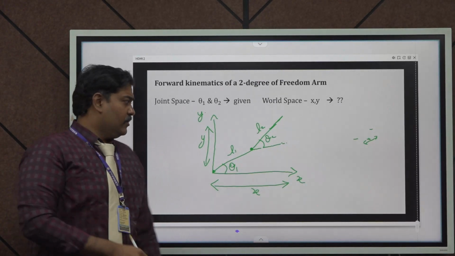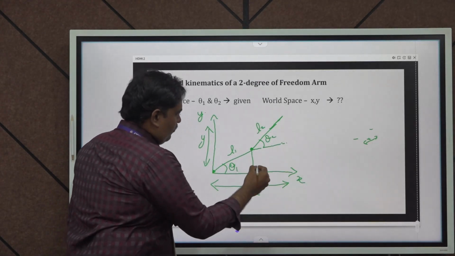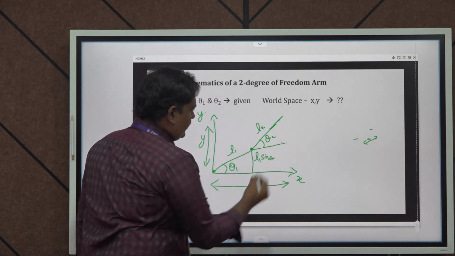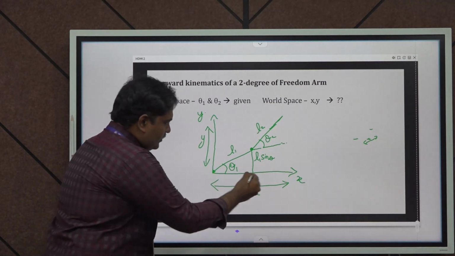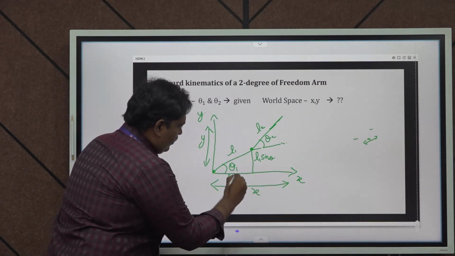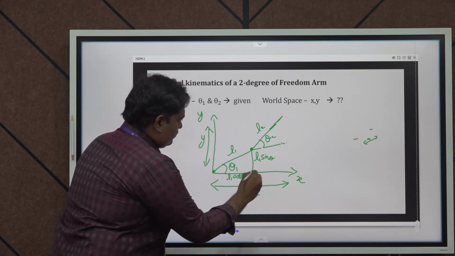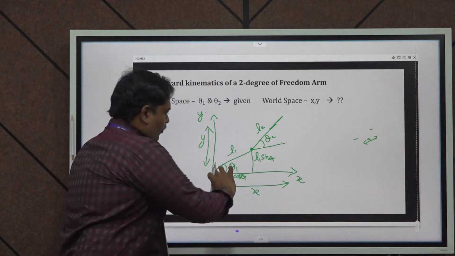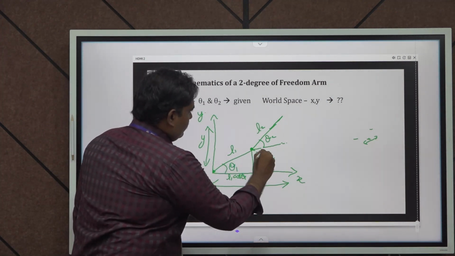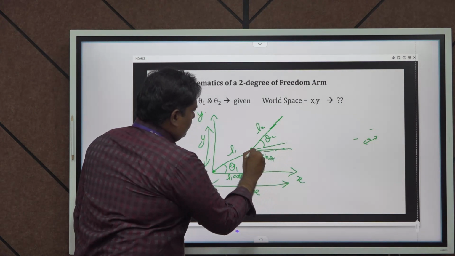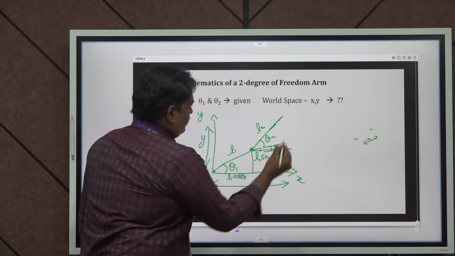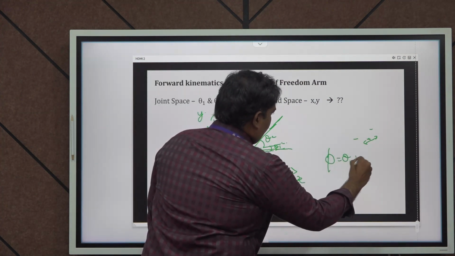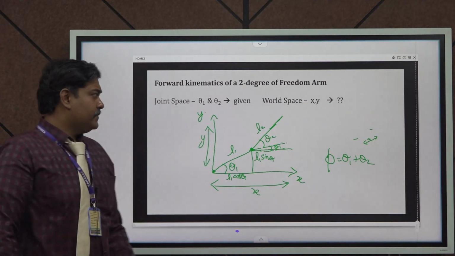According to trigonometry, this length can be found as L1 sin theta 1, and this adjacent length can be found as L1 cos theta 1. Here I am projecting the angle theta 1, such that phi can be written as theta 1 plus theta 2.